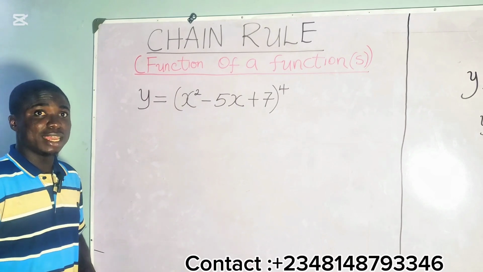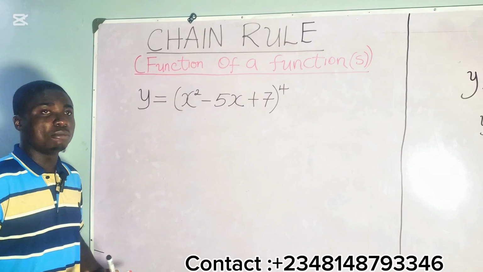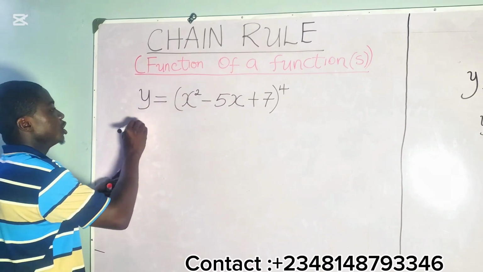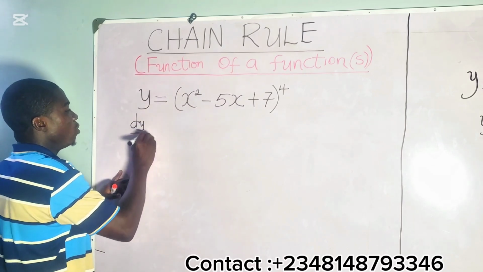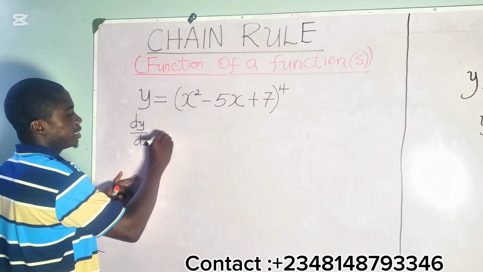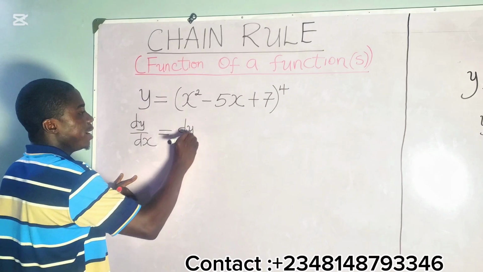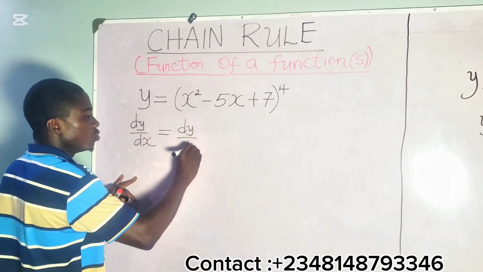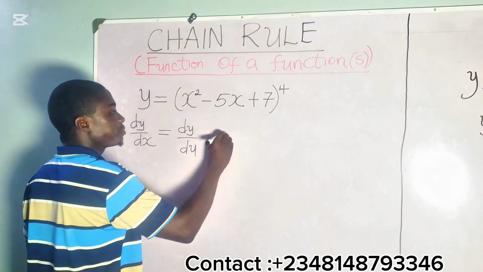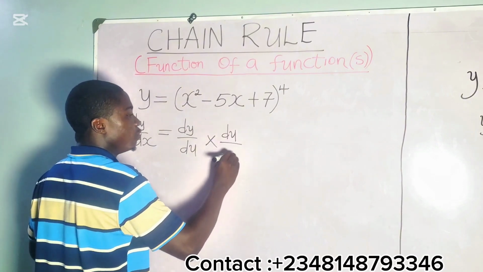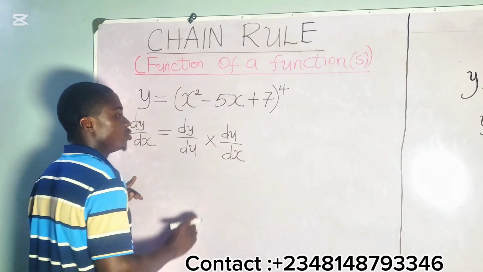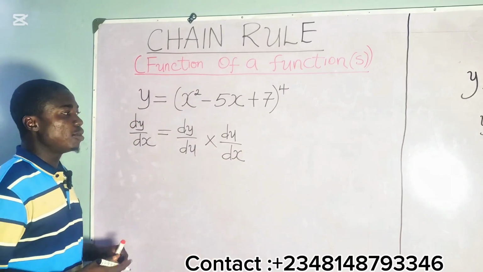Our first task here is to write down the chain rule formula. Chain rule formula, which is dy over dx, is equal to dy over du multiplied by du over dx. So this is the chain rule formula.